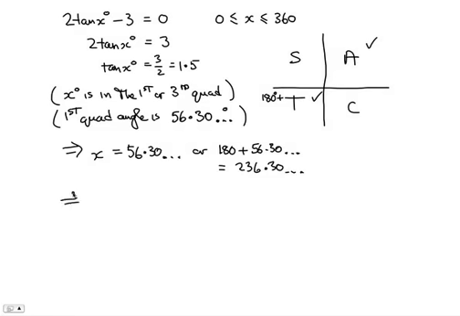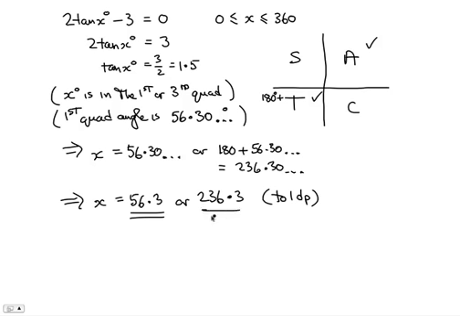So therefore X is equal to 56.3 to 1 decimal place, or 236.3 to 1 decimal place. So these are the two possibilities for the angle for this equation to be true. First quadrant and third quadrant values.